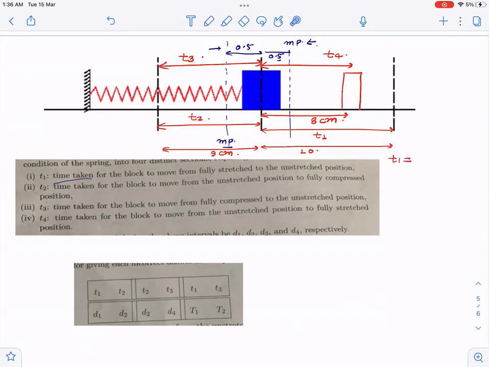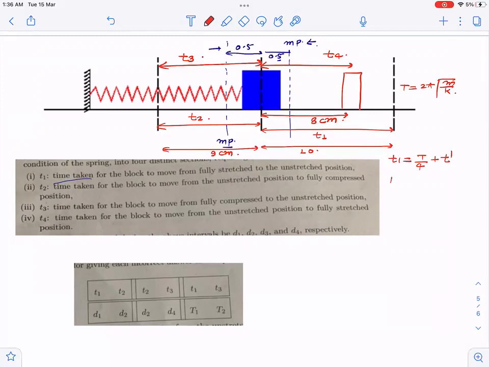From extreme to mean position, which is going to be T by 4. What is T here? T is 2 pi root over m by k. Right? And plus, let us say, T prime. What is the T prime? T prime is the time. See, this is 1/4 of the oscillation, mean position to extreme, 1/4 of the oscillation. But T1 is this, right? T prime is the time to cover this extra 0.5 centimeter. Fine, I'm calling that T prime.